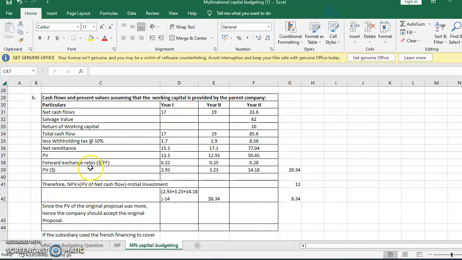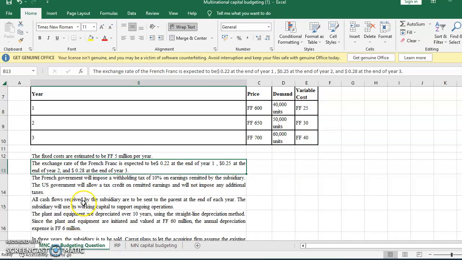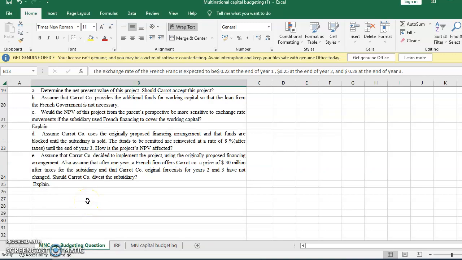This is the class on the second part of the solution that I wish to share with you all. The second part of the question that we have in the case study is to assume the company provides the additional fund for working capital so that the loan may not be taken.